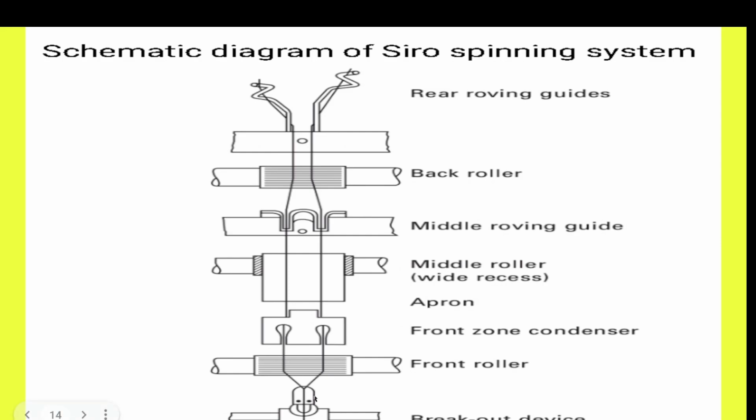Here this breakout device brings together both drafted strands, and the ring frame twist insertion system, the ring and traveler, inserts the twist into the yarn, and finally our two-fold virtual twisted yarn is achieved.